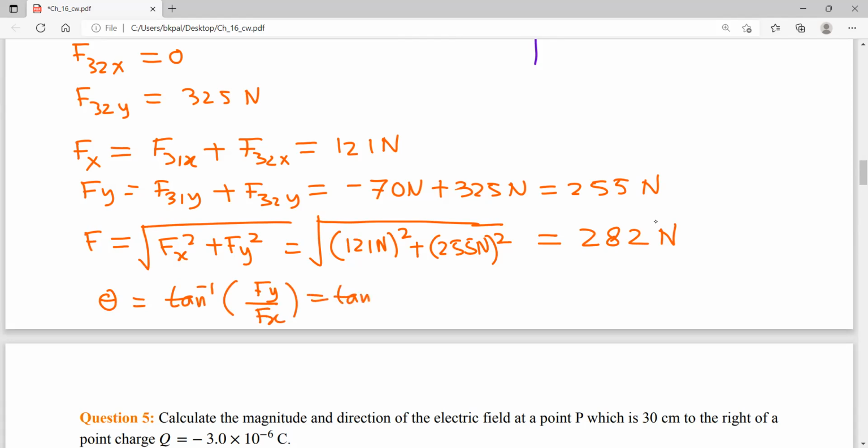So tan inverse, here Fy is 255 Newton, and Fx is 121 Newton. If you plug this value in your calculator, it should give you 64.6 degree. So the angle is 64.6 degree.